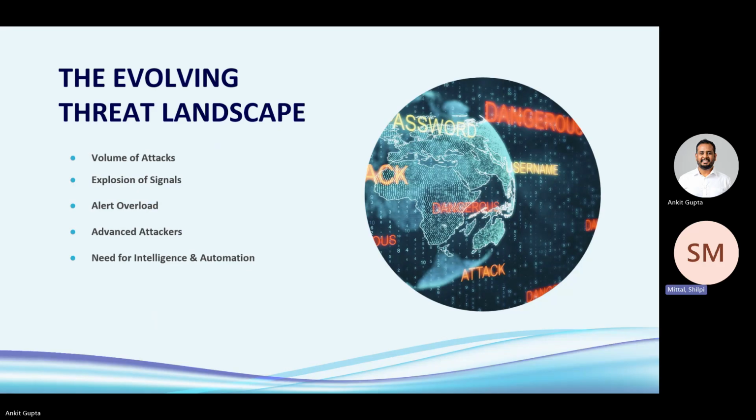This reality creates a critical need for two key components: threat intelligence to separate the signal from the noise and highlight hazardous activity, and automation to respond at machine speed when a threat is confirmed. Our session today will focus on how Microsoft 365 provides these capabilities, helping you stay ahead of and even anticipate modern threats.